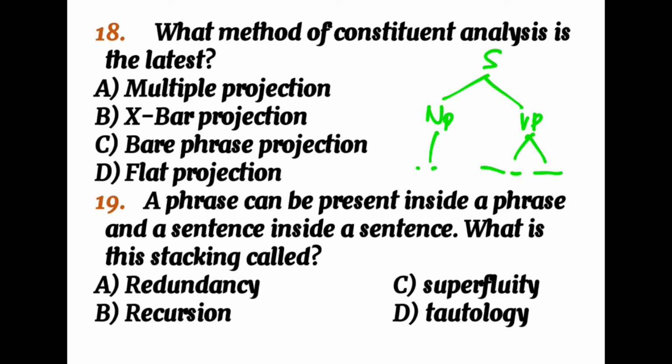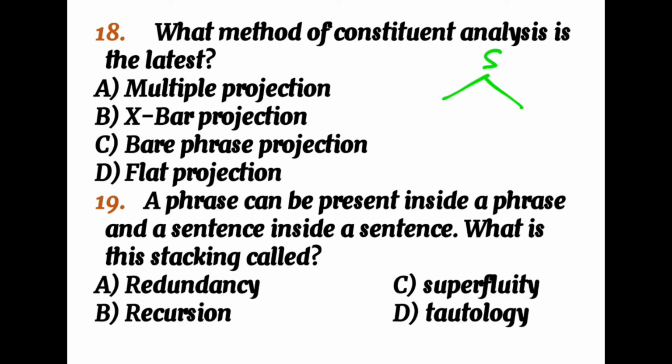But there are tree diagrams in which there is no sentence at the top. It is either called CP, complementizer phrase, or inflection phrase, or there are different names. So there is a wide variety of these tree diagrams.